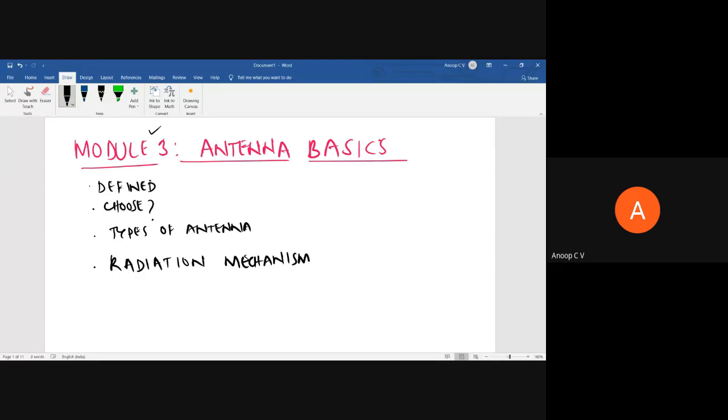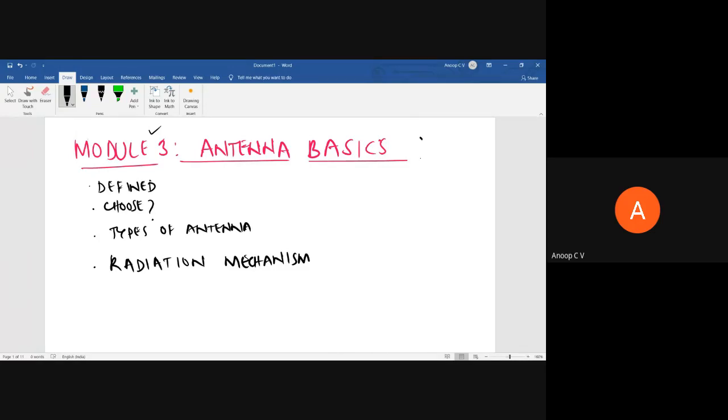So what is the very basic principle of radiation? The very basic principle of radiation is that accelerating charge can radiate. We have seen that charge at rest will produce an electrostatic field. Charge moving with uniform velocity will produce a static magnetic field as well as an electrostatic field. And charge which is accelerating can produce radiation, a time varying electromagnetic field which will propagate in free space.